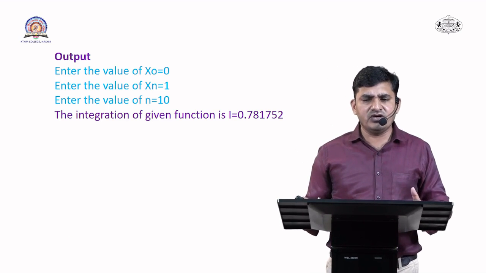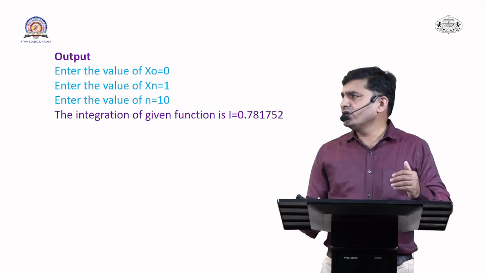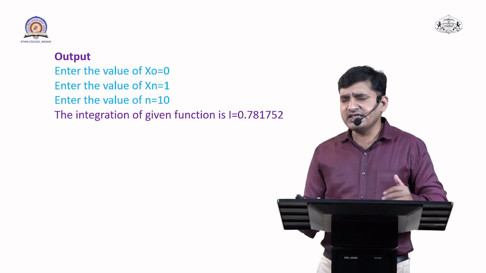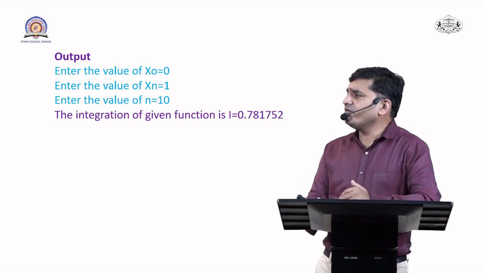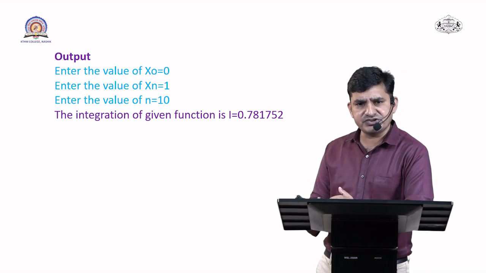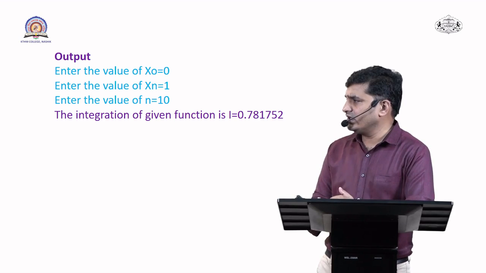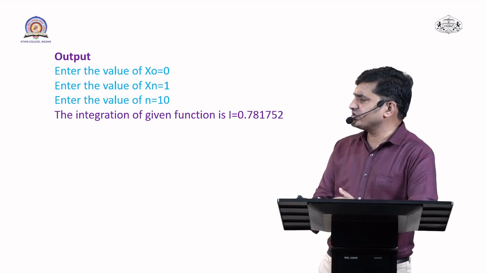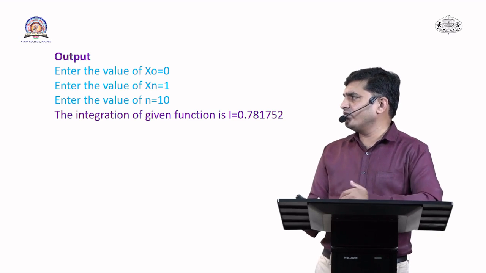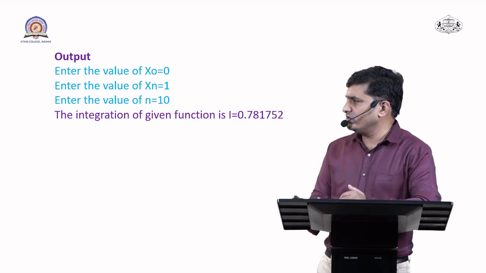Consider the value of the lower limit is 0. The value of xn is equal to 1. And the value of n, that is, the number of strips, is equal to 10, so that we get the integration of the given function is I is equal to 0.781752.